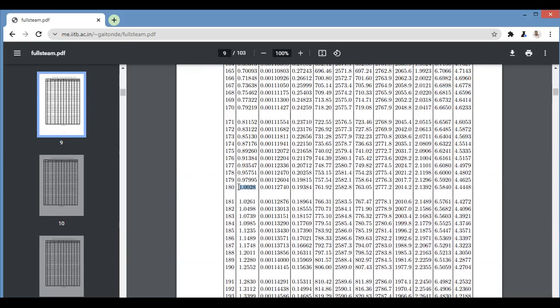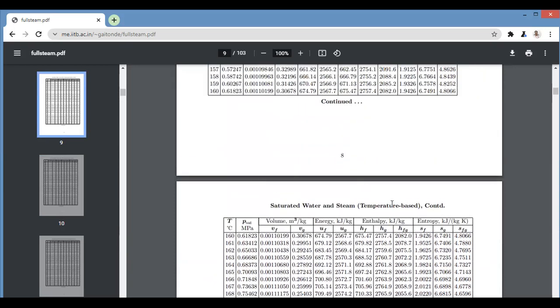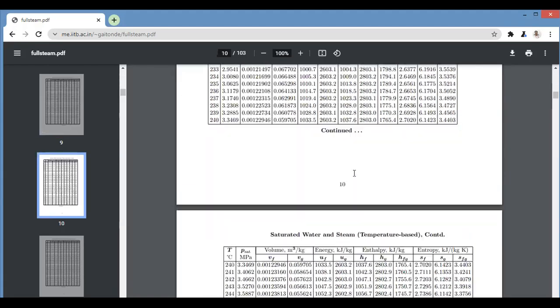If you keep in the boiler the pressure at 10 bar, the water would start boiling at 180 degrees centigrade. Or if you want to know the saturation pressure corresponding to 180 degrees centigrade, it is 1 megapascal or 10 bar. This way, both the tables, temperature based table as well as pressure based table, are one and the same, simply arranged. One is arranged on the temperature basis and the other is arranged on the pressure basis.